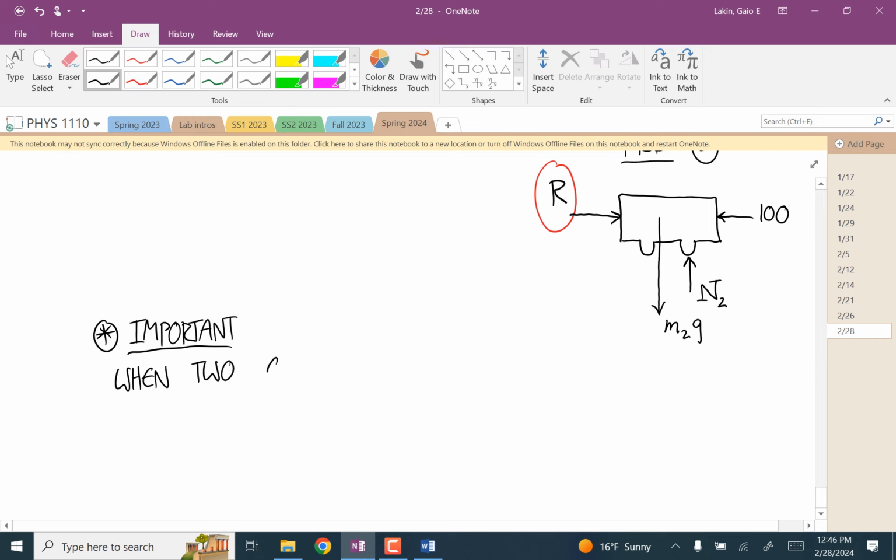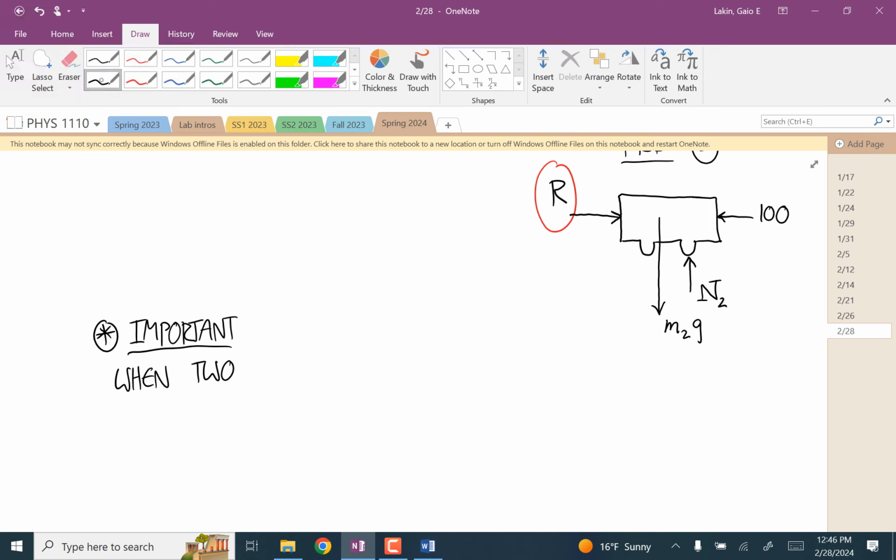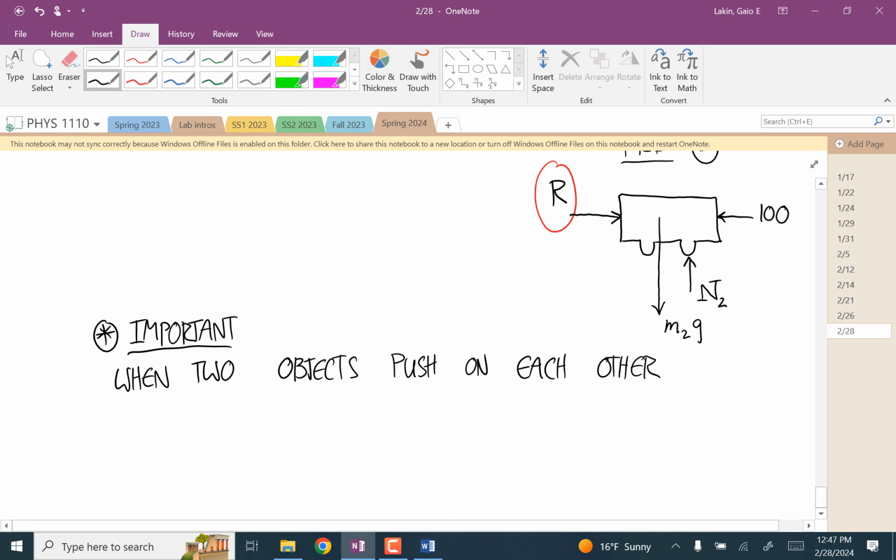When two objects push on each other, the force applied to one has the same magnitude as the force applied to the other one.